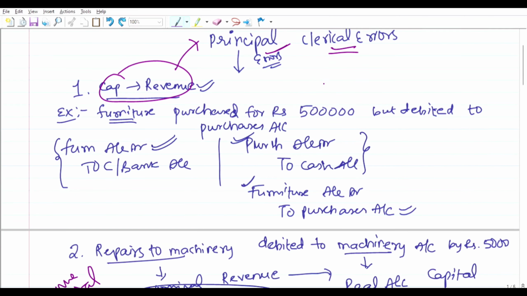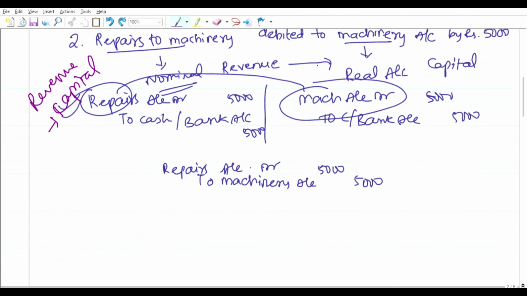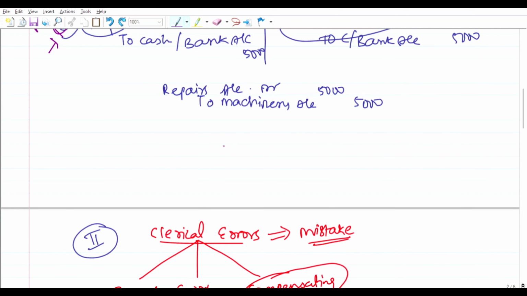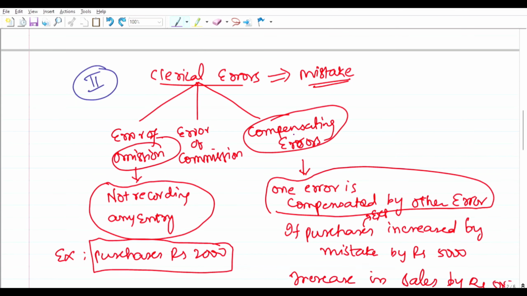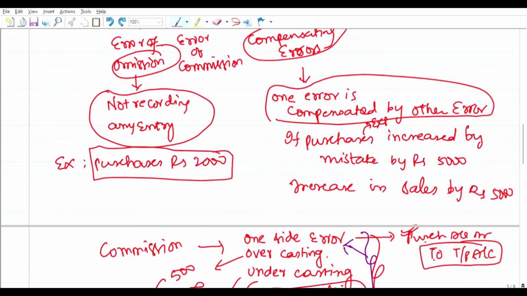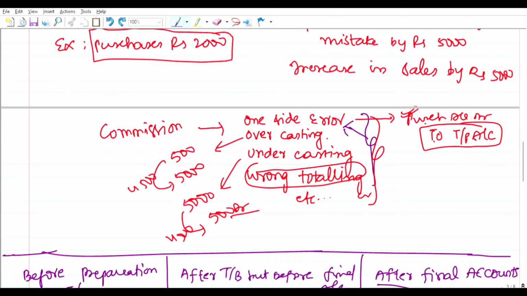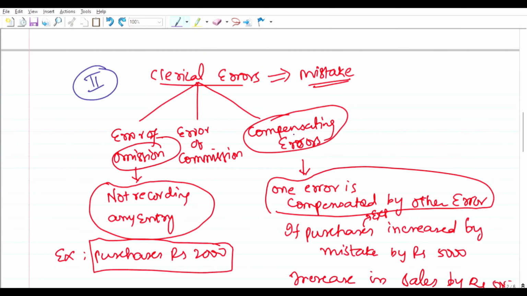And clerical errors are committed by any accountant depending on the situation, because the mood of the accountant cannot be decided by anyone. So those are committed on a regular basis: error of commission, error of omission, and compensating error.